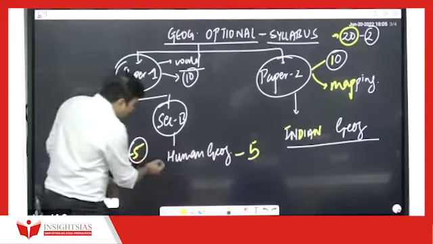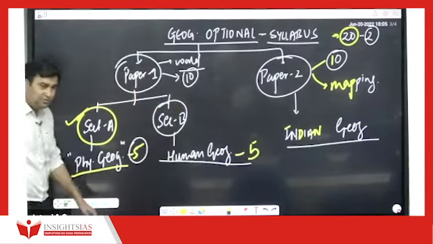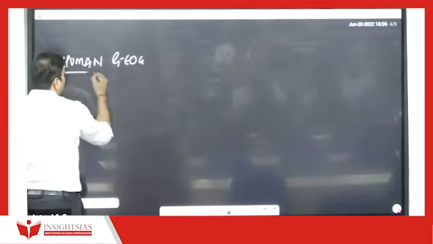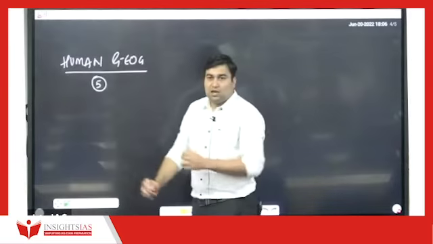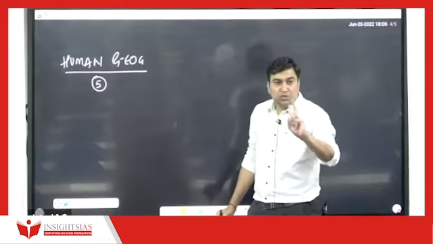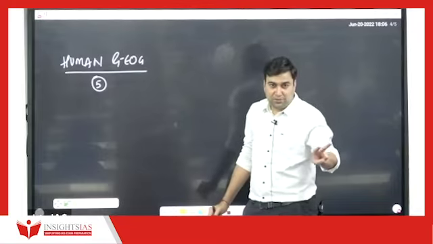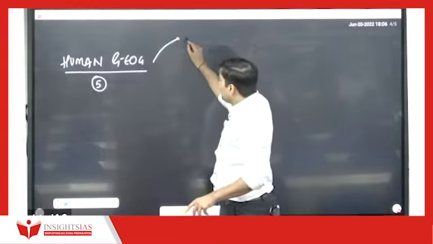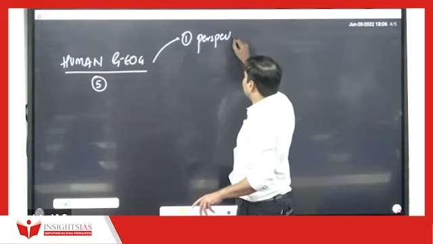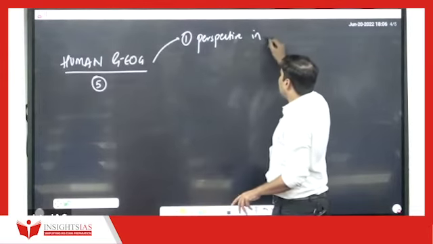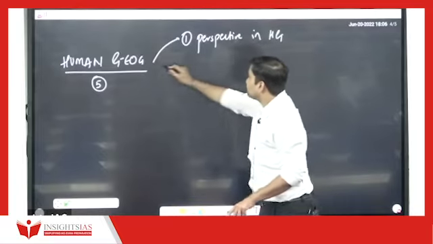Similarly, let us see human geography. Is it clear? Human geography essentially includes 5 chapters. These are as follows. Out of these 5 chapters, 2 are the most important, which are perspectives in human geography.